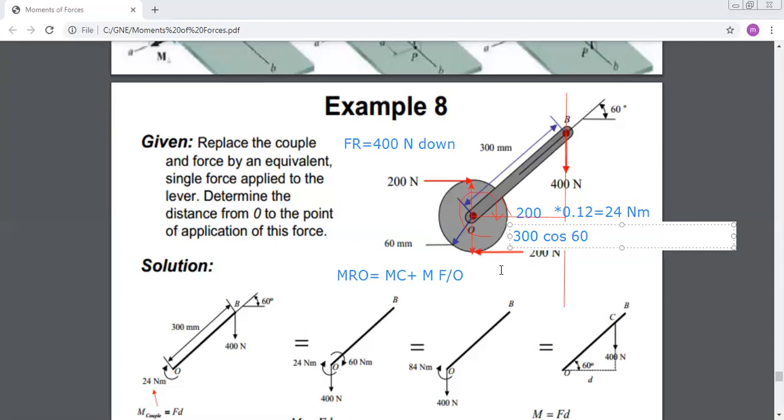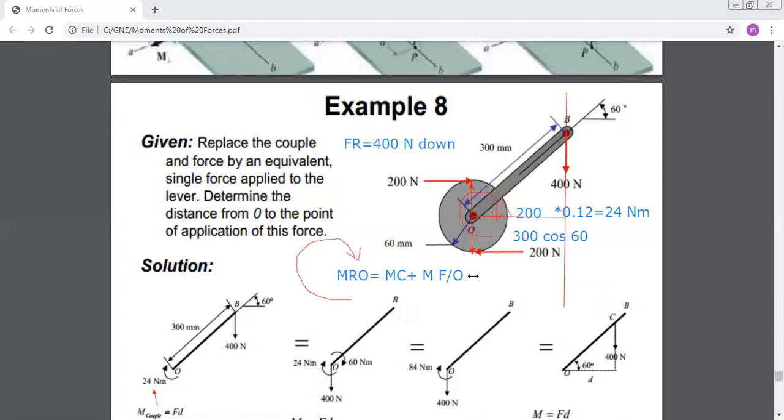Okay? So now I can replace here the resultant moment about O. I will choose a positive direction for my moment. I will choose the clockwise direction as positive. So I will put close to my equation my positive direction. This is the positive direction I am considering.